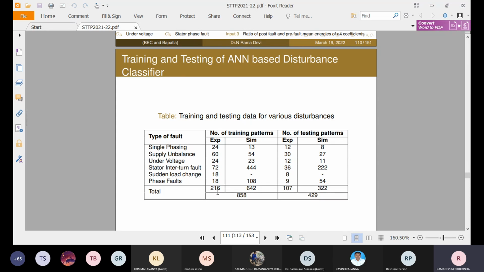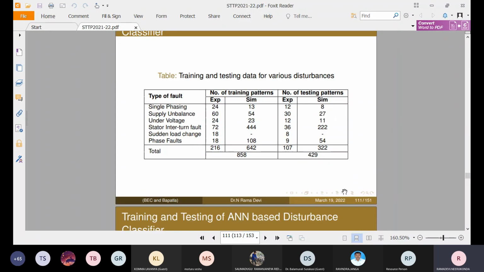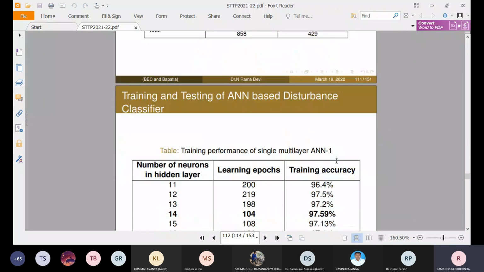These are the data generated for the training of the ANN. So these are the data patterns generated for the simulation. Similarly, these are the experimental and simulation patterns for the testing. So 858 patterns are given for the training of the ANN and 429 patterns are given for the testing.